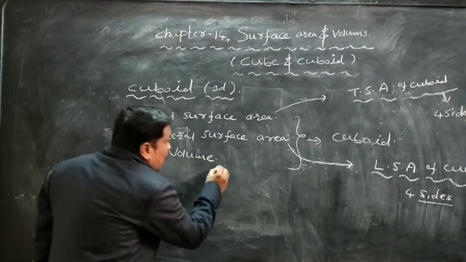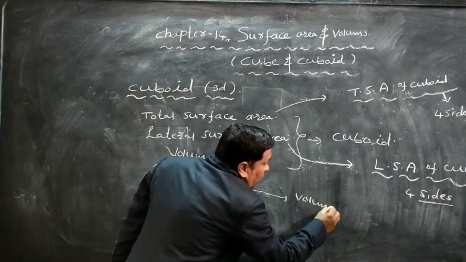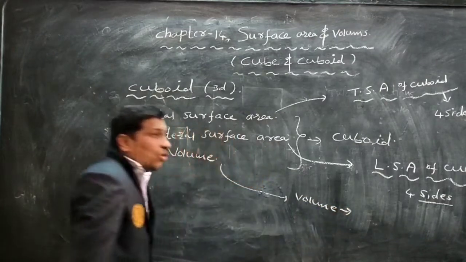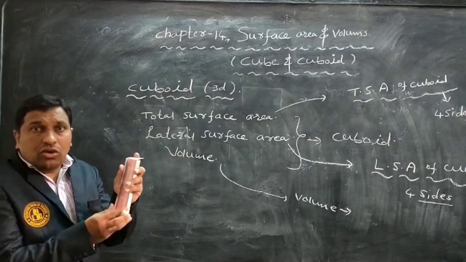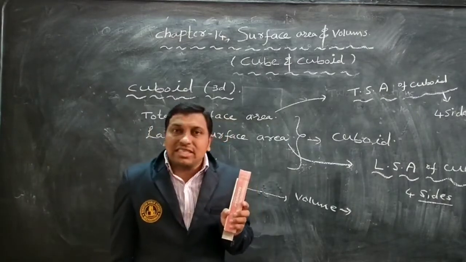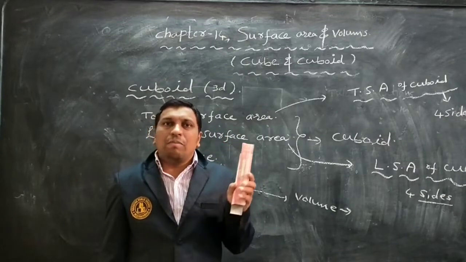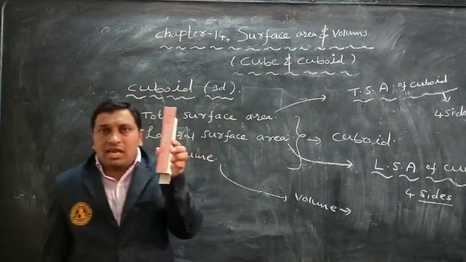Here, what does value mean? For example, this is a cuboid box. Value means we multiply all 3 dimensions, and we get the value of the particular solid, cube or cuboid. This is a cuboid.